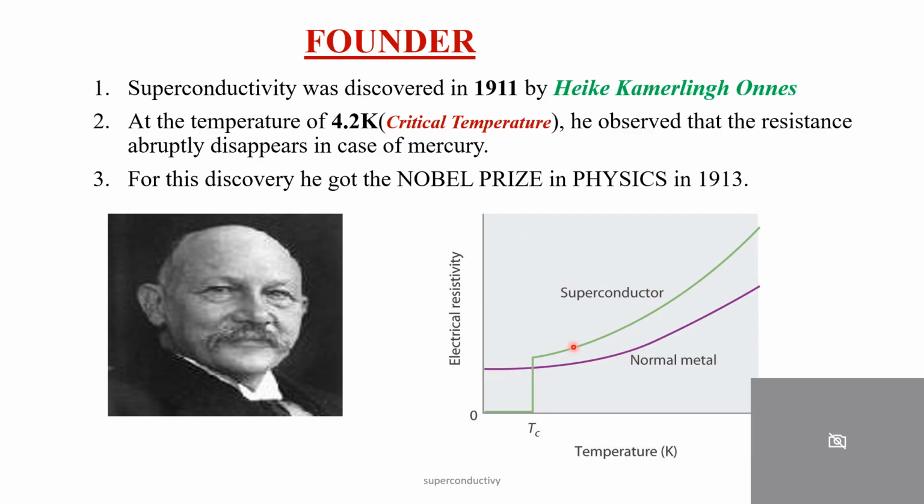But in case of superconductor, the resistivity decreases and suddenly it drops down to zero as we go below Tc. That particular temperature, Tc, is called the critical temperature. And for this discovery, Kamerlingh Onnes was given the Nobel Prize in Physics in 1930.